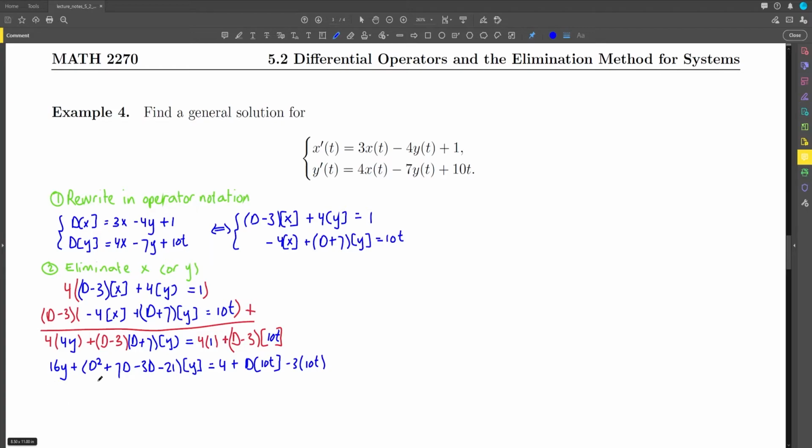Okay, let's simplify this a little bit more. 16y plus D squared of y, that's y double prime. And then we have 7Dy, so that's plus 7y prime minus 3y prime minus 21y. And that equals 4 plus the derivative of 10t, which is just 10, and then minus 30t.